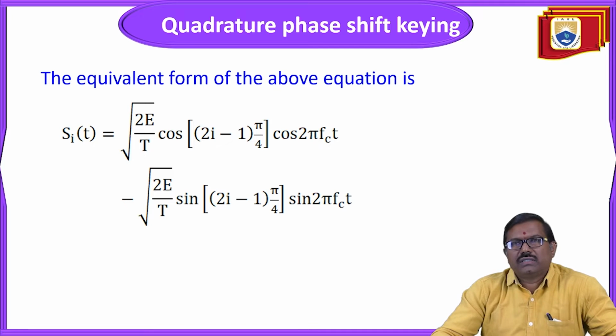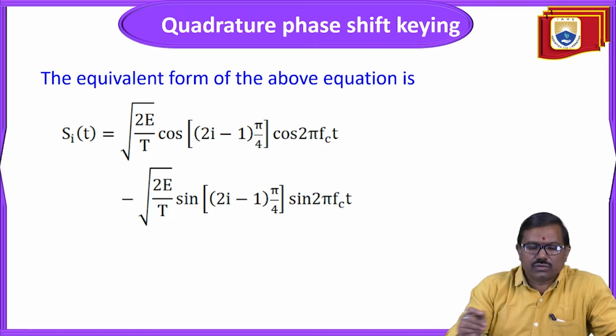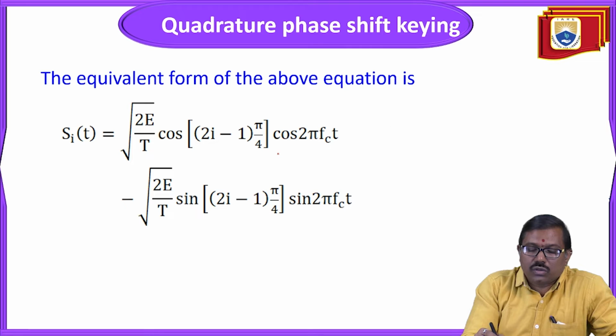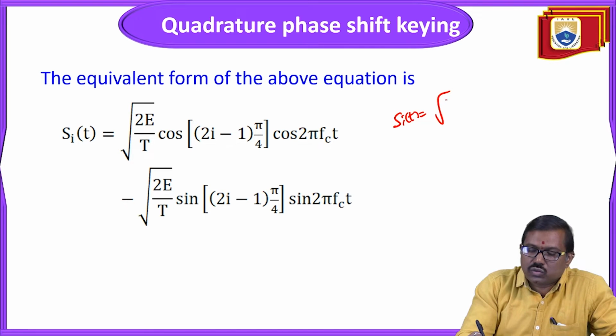So here is the equivalent of that function: square root of 2E by T cos of (2i minus 1) pi by 4 and cos 2 pi fct. That is what we have written for s_i(t) equal to square root of 2E by T cos of 2 pi fct plus (2i minus 1) into pi by 4.